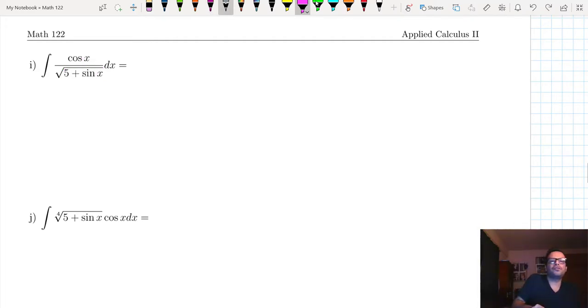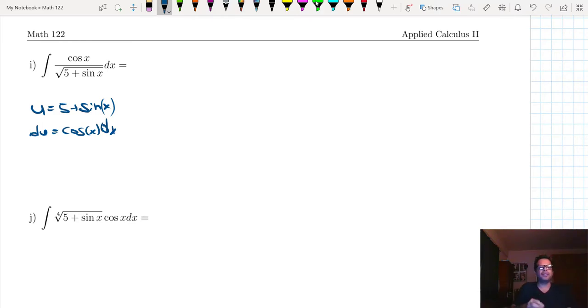So let's choose our u to be 5 plus sine x. The du will be then the derivative of 5. That's just a number. That's going to be 0, right? So the derivative of a number is 0. And then plus the derivative of sine, which is cosine of x dx.